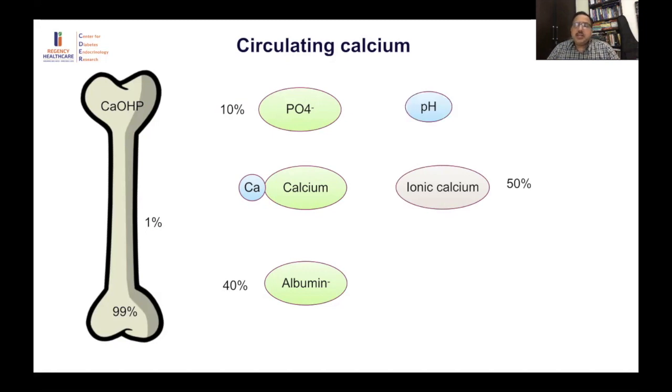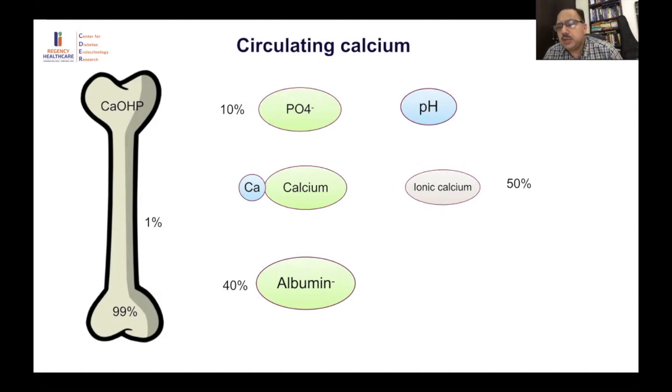Now, one of the major determinants of calcium binding to albumin is the pH. Situations associated with alkalosis result in increased negatively charged albumin binding calcium, resulting in ionic hypocalcemia. This is extremely important in two clinical settings which we see often.